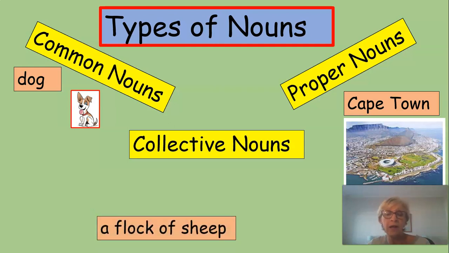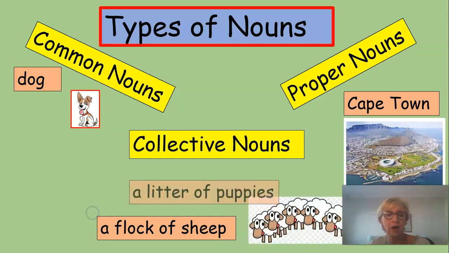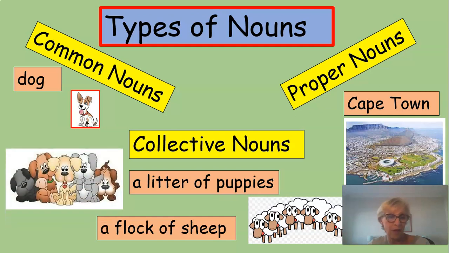Then, our next group of nouns are called collective nouns. A couple of examples of collective nouns is a flock of sheep. A group of sheep together is called a flock of sheep. And another example is a litter of puppies. Aren't they adorable?